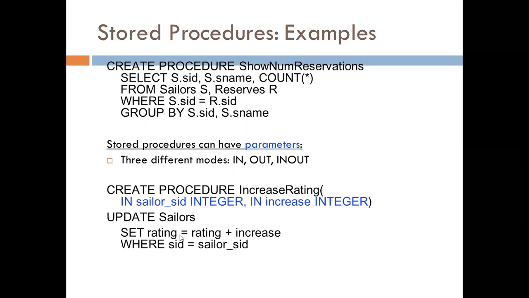Update sailor, set rating equal to rating plus increase, where SID equals sailor SID. So here it is an update query being done in the stored procedure. Similarly, the computed result can be output using an out parameter.